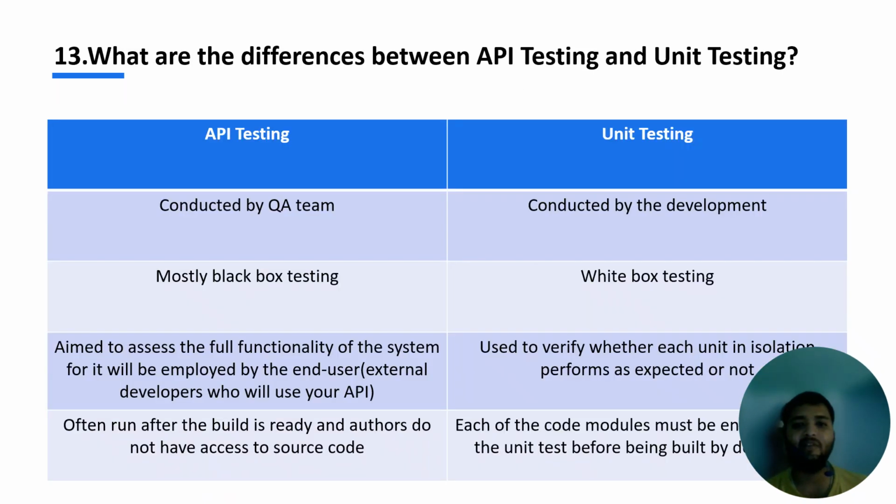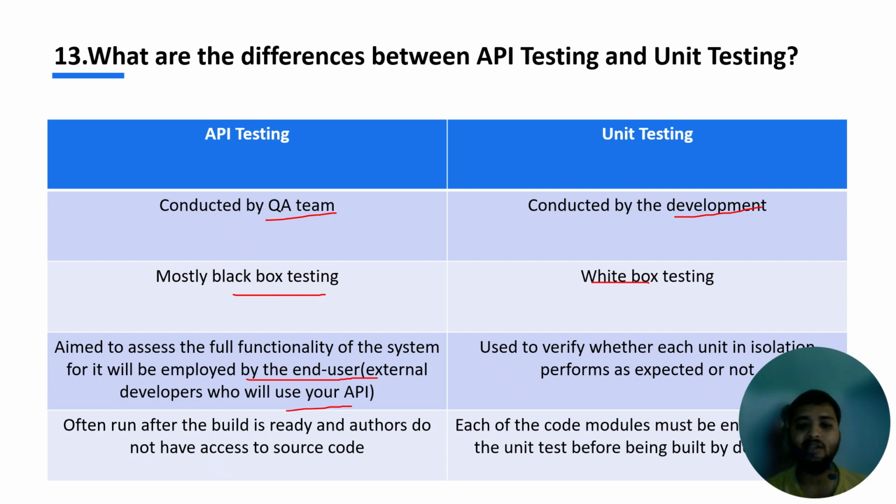What are the differences between API testing and unit testing? API testing is conducted by the QA team, and unit testing is conducted by the development team. API testing is mostly black box testing. Unit testing is white box testing. API testing aims to assess the full functionality of the system, as it will be used by end users and external developers who will use your API.